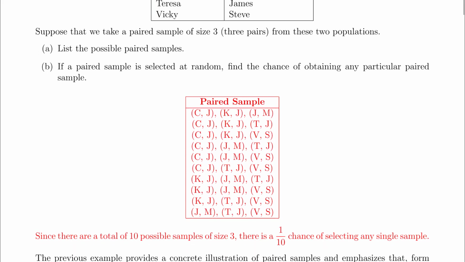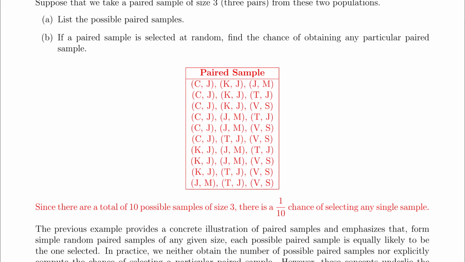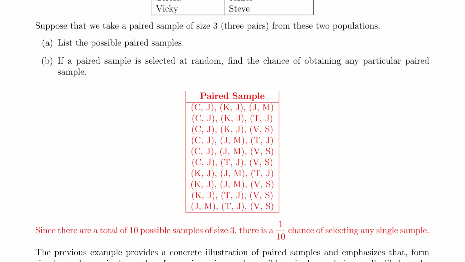I didn't delete this out of the notes because I didn't want to go through and rewrite all of it, for the sake of brevity, and I know you can look at this and understand. The chart that you see here is the answer to part A. It's the list of possible paired samples of size 3.